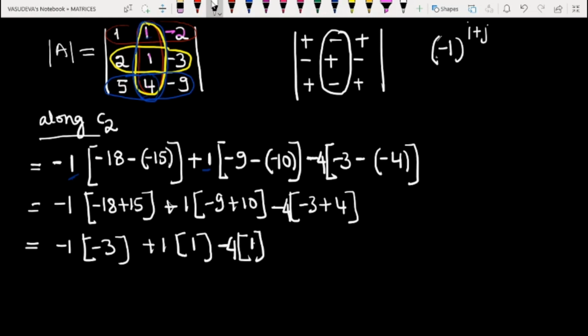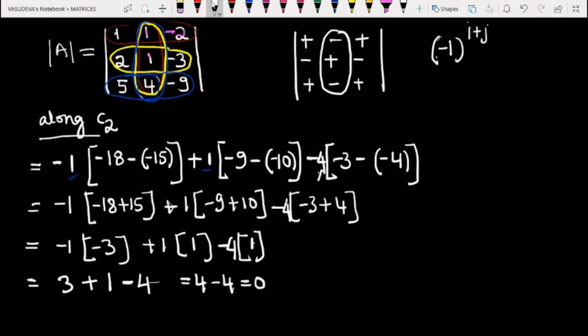I have added the element because I left out this element 4 here, so 4 into minus 3 minus of minus 4, so minus 3 plus 4 is 1. Now this is equal to minus 1 into minus 3 is 3, plus 1 into 1 is 1, and that is minus 4. So 4 minus 4 equals 0.